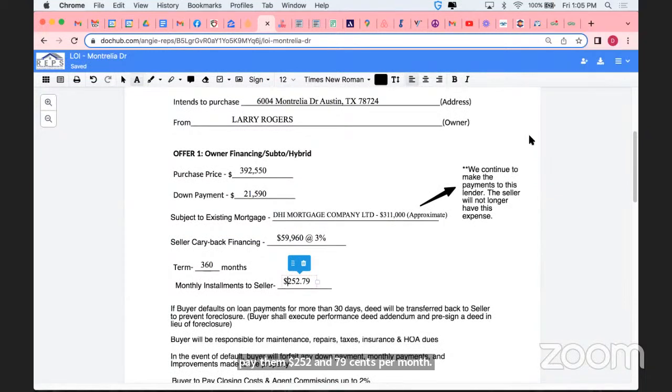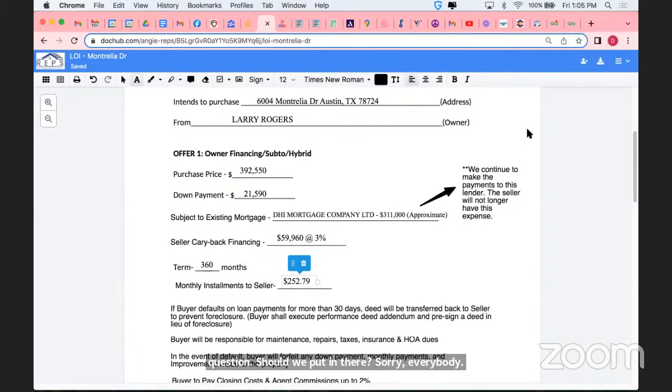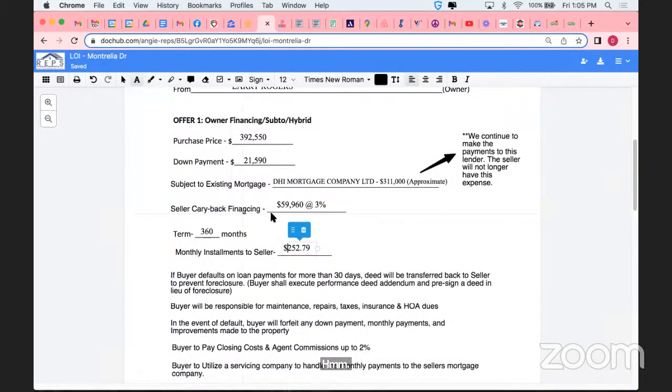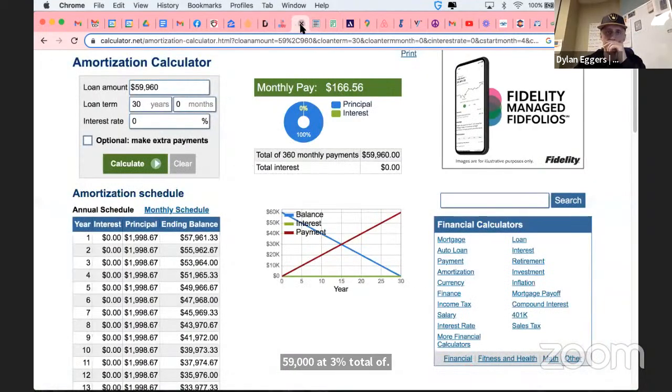Mark, question. Should we put in there, sorry, everybody, should we put in there the monthly installments to seller, or up here on this next one, two lines up, seller carryback financing, $59,000 at 3%, total of the total, which would include their interest as well.